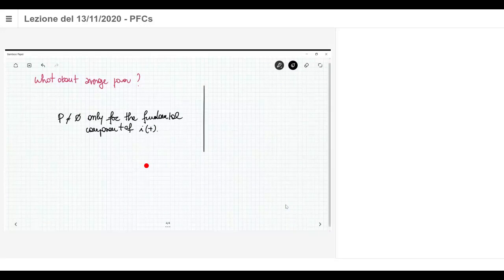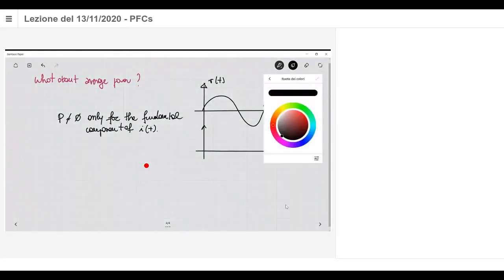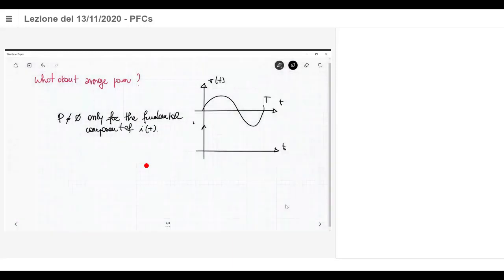So graphically, this means that the power, this is V(t) over T having a period T, is given just by a contribution of V multiplied by the current I. Suppose that this is I1, so this is the fundamental contribution.